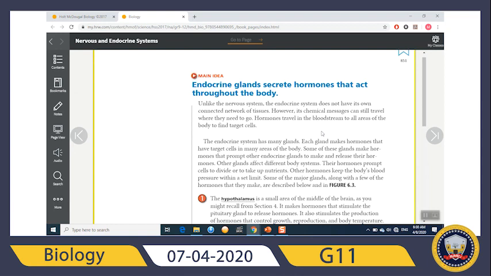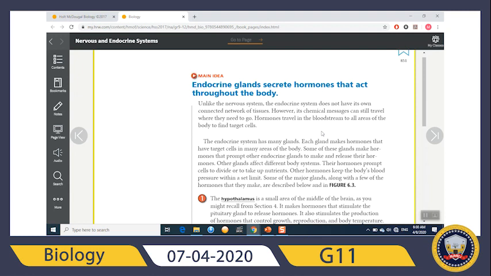Now, each gland makes a specific hormone, and these specific hormones target specific cells, and each gland is responsible for production of these hormones.